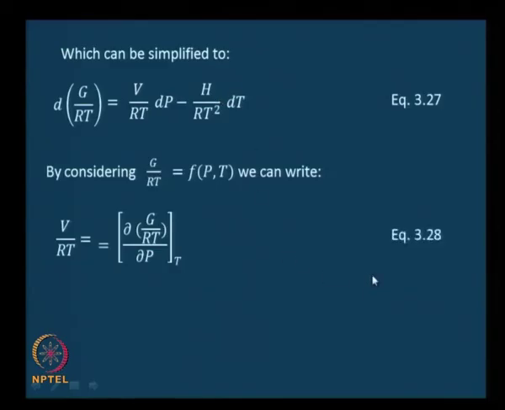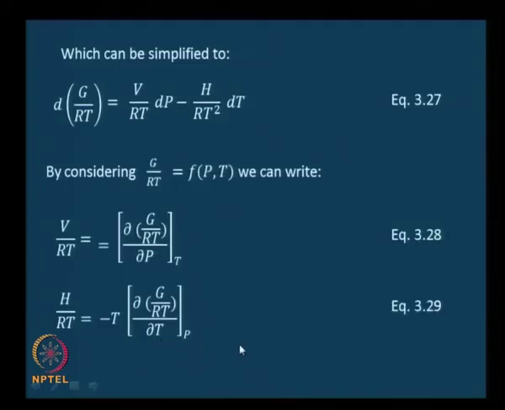We will call this equation 328. And H by RT equals minus T times the partial derivative of G by RT with respect to T at constant P. We will call this equation 329.